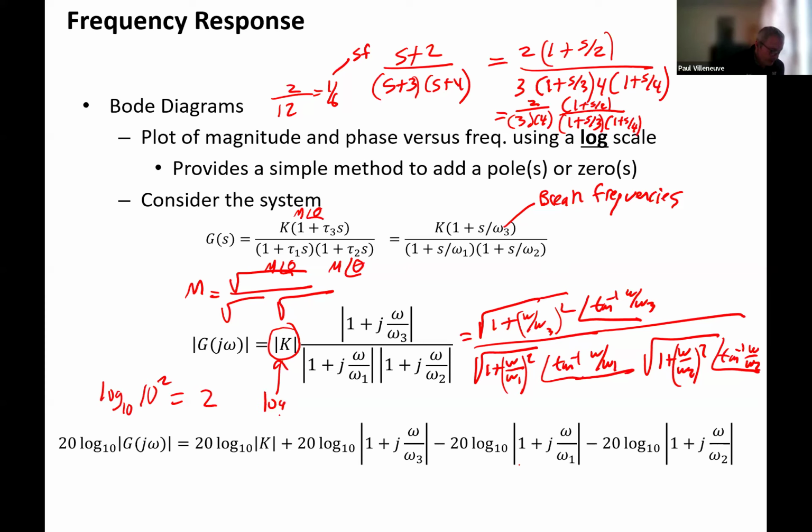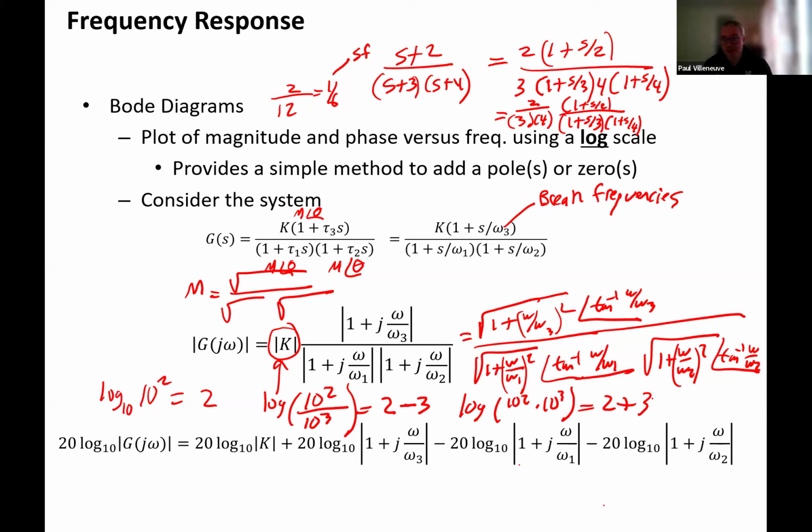So if I take the log of 10 squared divided by 10 to the third, I can break that term up and I can end up equaling 2 minus 3. Or if I did the log of 10 squared times 10 cubed, that's 2 plus 3. And so the reason why you do logarithms is instead of having to divide or multiply as shown, I subtract or add.